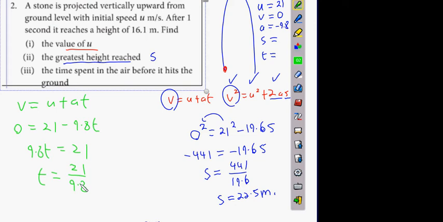Something a bit more precise? 15/7. Now guys, this 15/7 is the time taken to go from here up to here. I need to double that because it takes the same time to get all the way back down. So 15/7 multiplied by 2? 30/7 seconds. Okay?